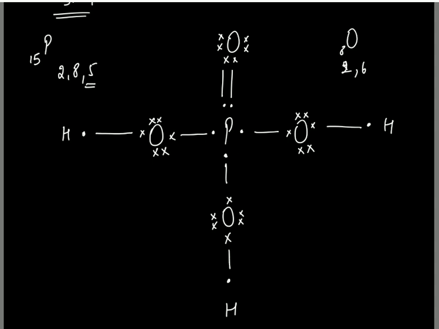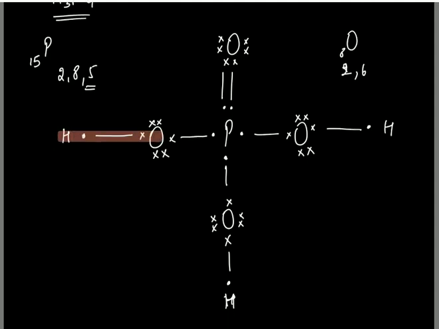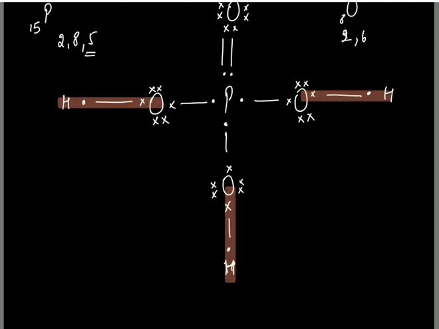Now what do we understand over here? There is no phosphorus-hydrogen bond at all in this entire structure of phosphoric acid. We have three OH bonds over here, and all three are polar.